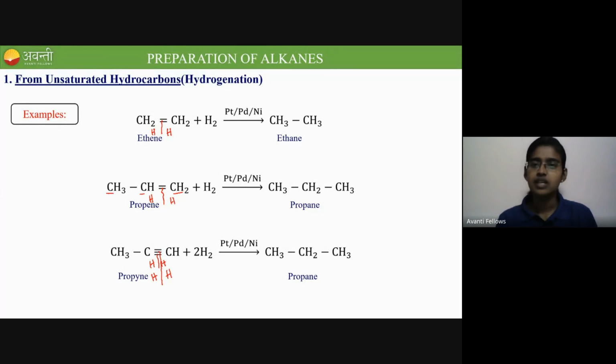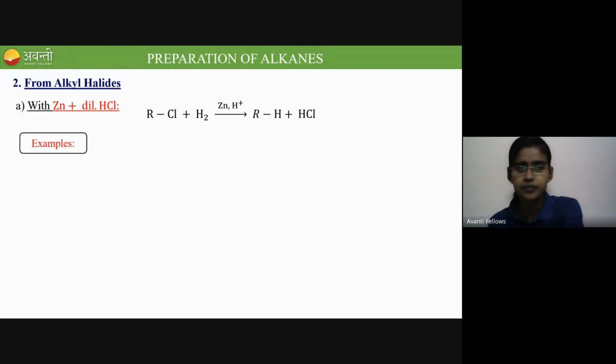Now let us move on to the second preparation of alkanes. It is from alkyl halides. From alkyl halides, we can prepare the alkanes in 2 ways. The first way is by using zinc metal and dilute HCl, which is an acid.